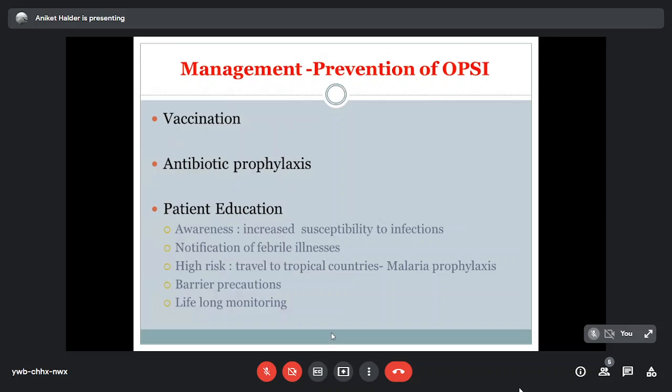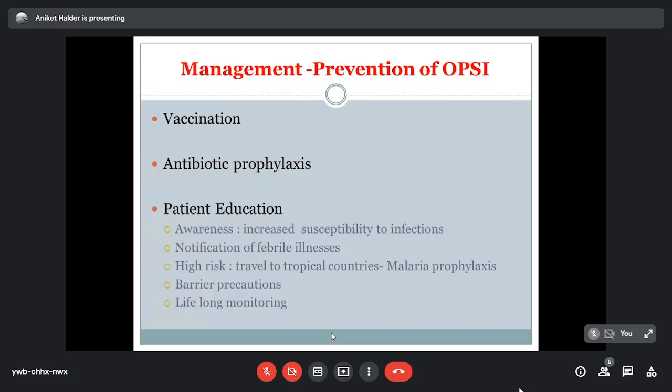Barrier precautions should be taken, that is increased use of different mosquito repellent creams, and all these should be used to prevent any type of infections. And lifelong monitoring should be given to these patients. This part of patient education is very vital.